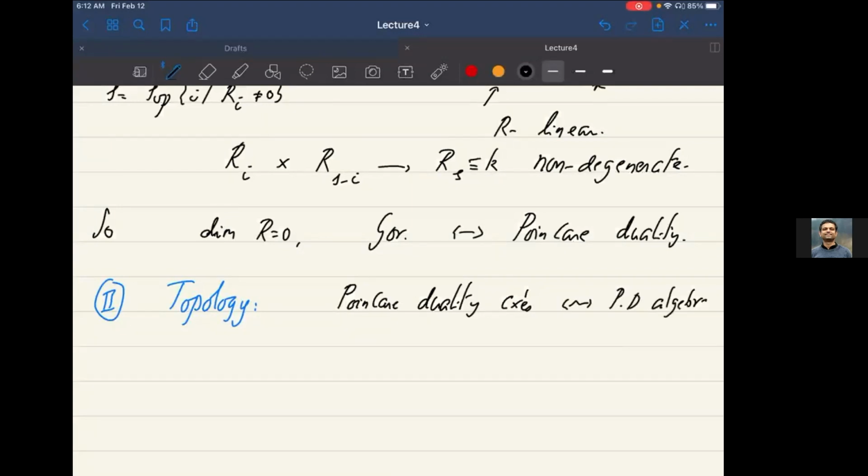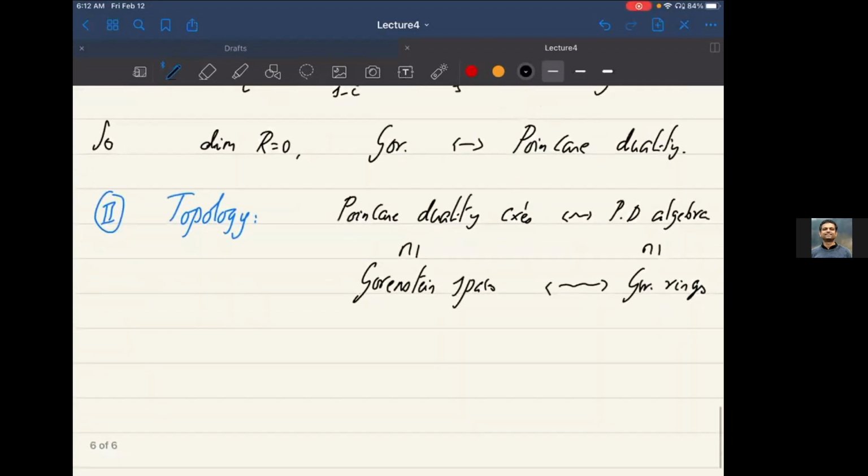So for example, orientable manifolds give you such things. And we see now that this lives in the world of Gorenstein rings. And Somnath already defined Gorenstein spaces, at least rationally, which you might think of as corresponding to the topological versions of Gorenstein rings.